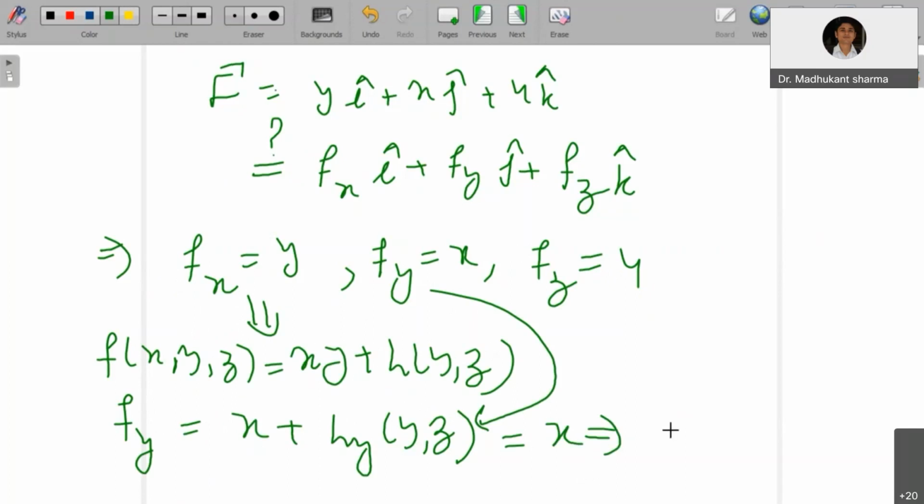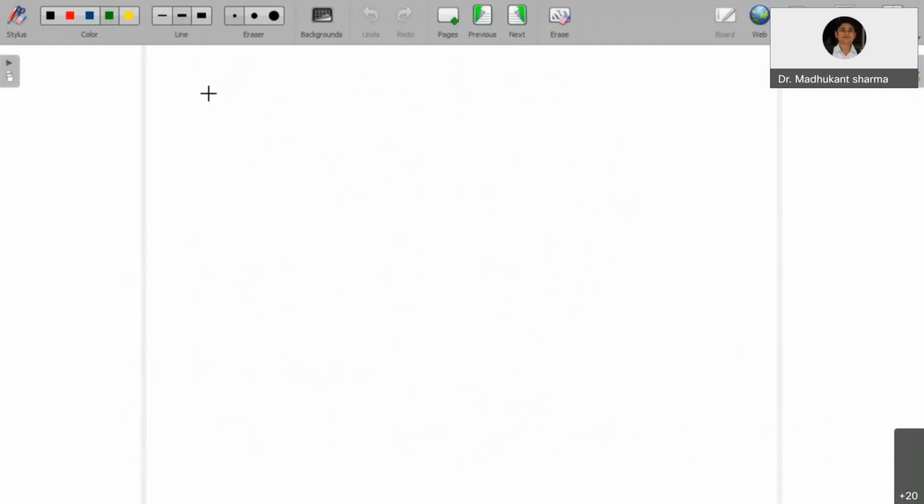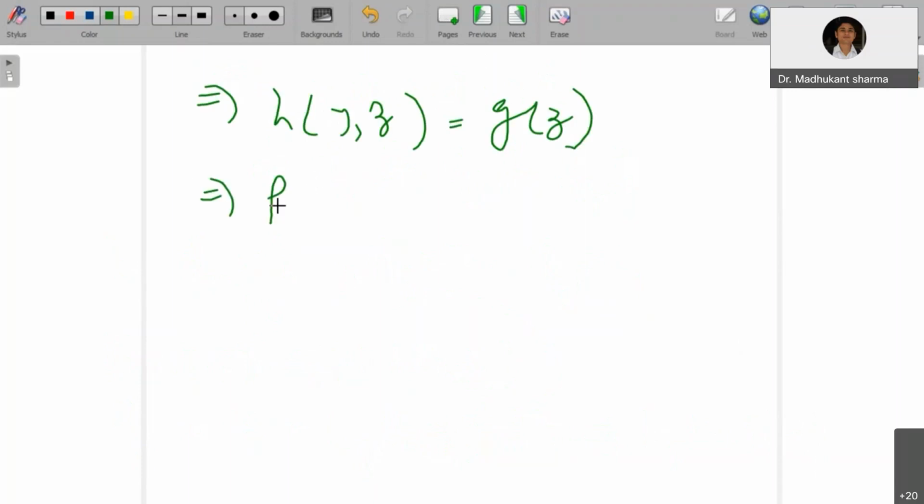This implies hy of y comma z equals 0. So this implies h of y comma z is a function of z only. So this implies f is equal to x into y plus g of z.